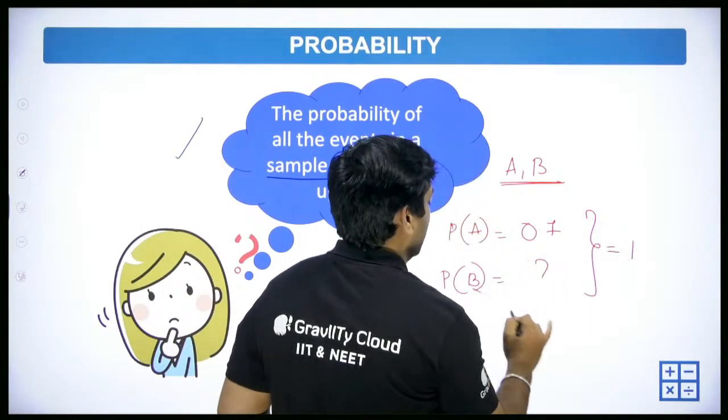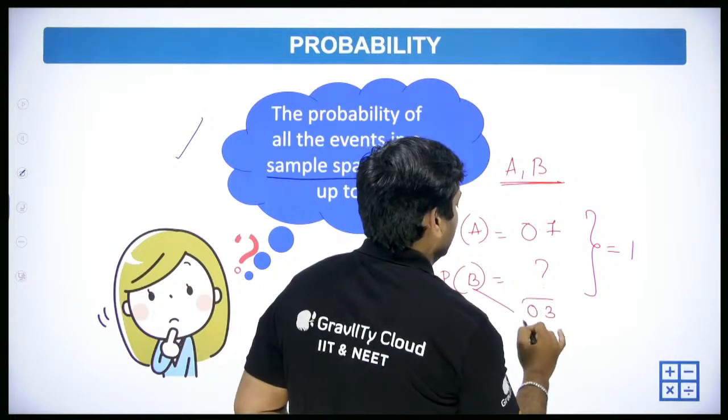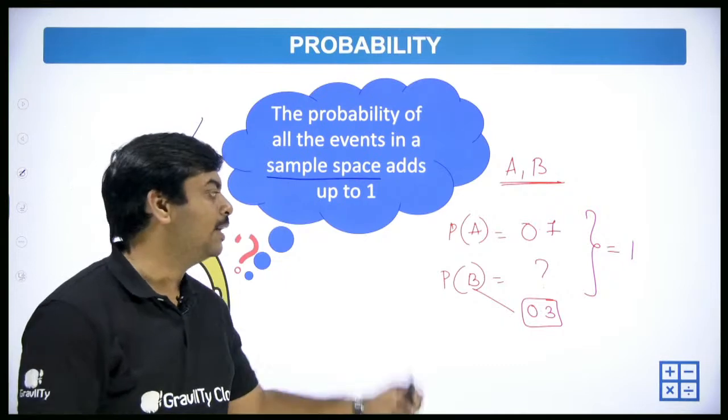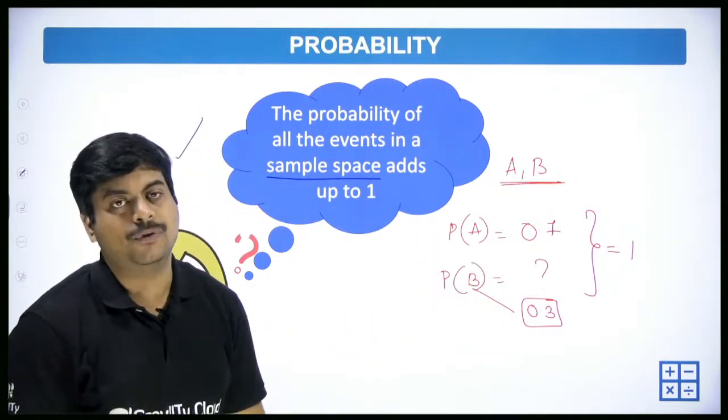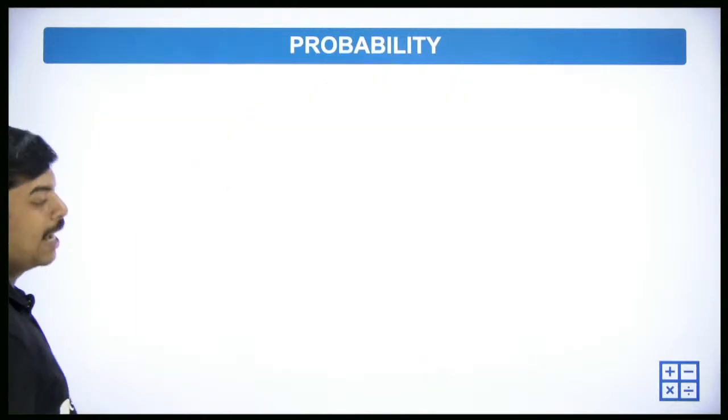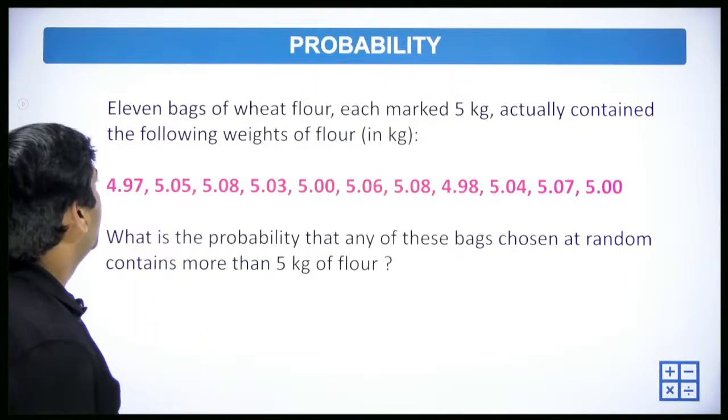So definitely the probability of B will be 0.3. 0.7 and 0.3 give you 1. So that answer is yes, that's exactly correct.